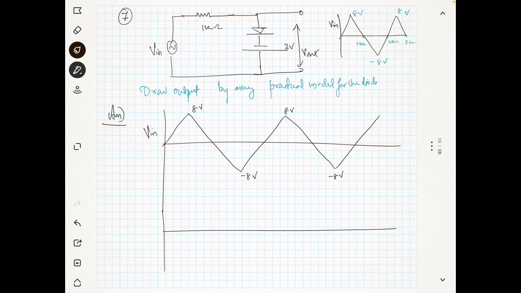You will first see when the diode is on. So when D is on, what is the V out? We will see. When the diode is on, you know that the current will always flow from P to N. So this will be 0.7 volt, with minus on this side and plus on this side.